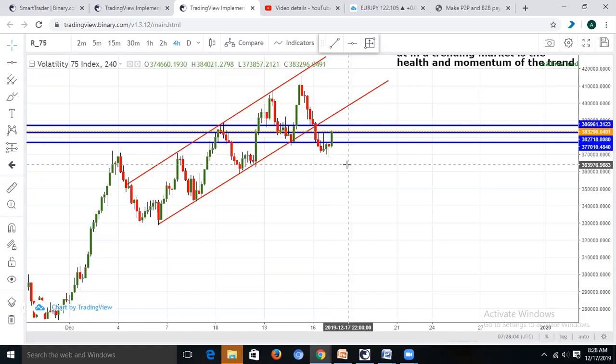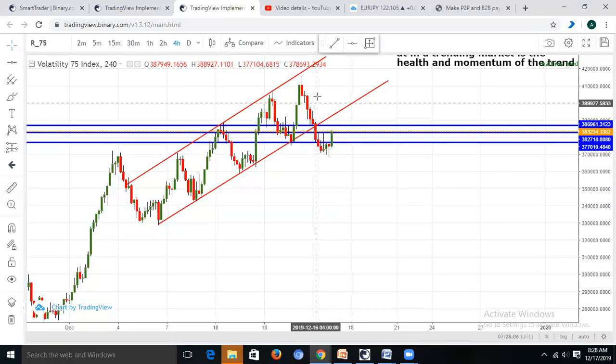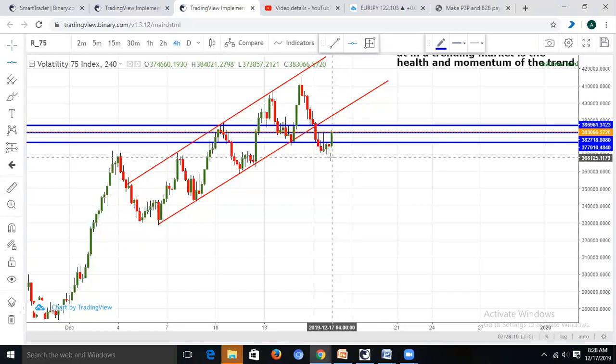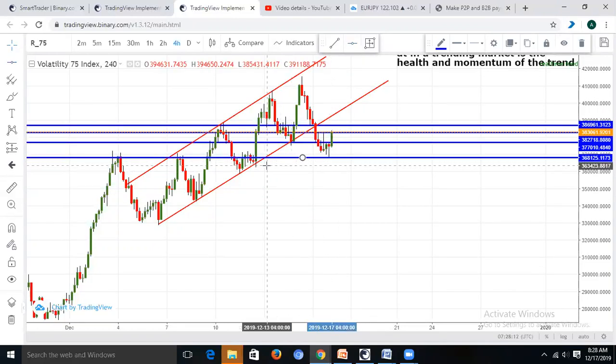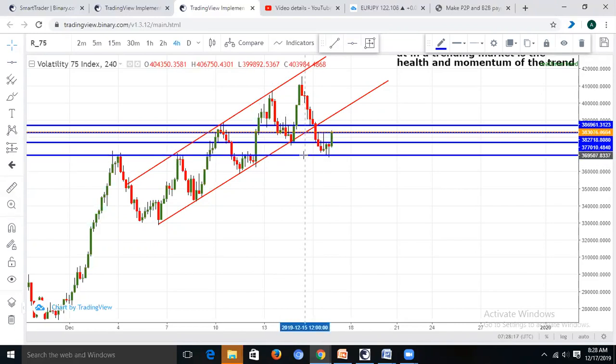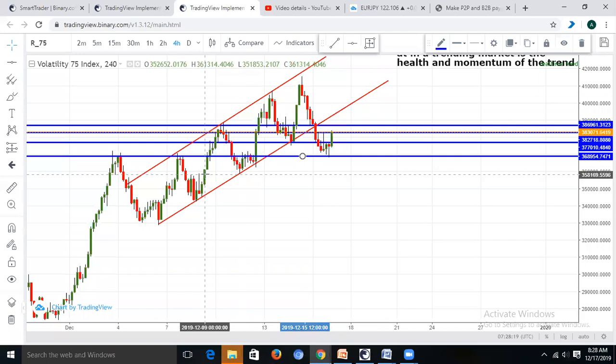So this thing respects volatility index, even respects support and resistance more than forex. You respect it. This is a zone, 4-hour time frame.